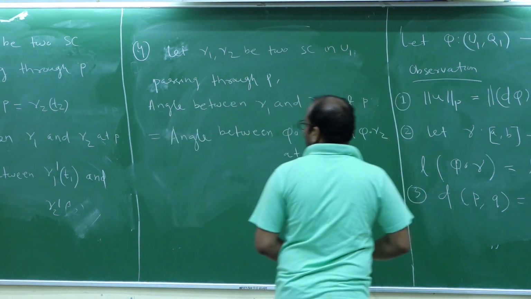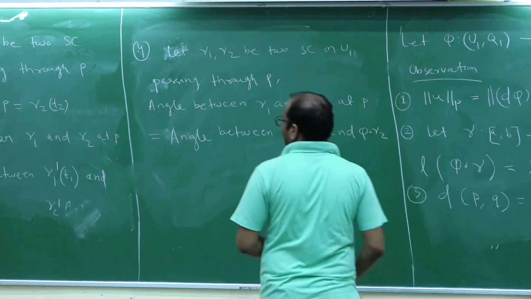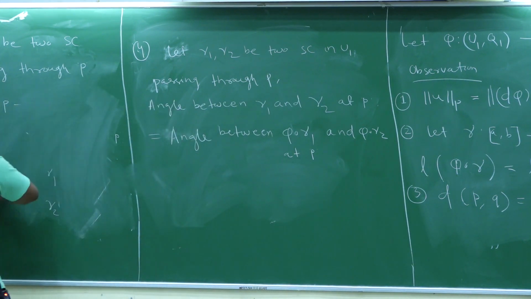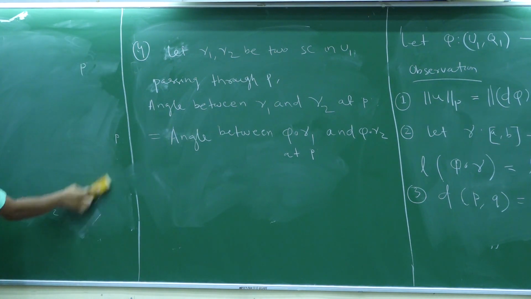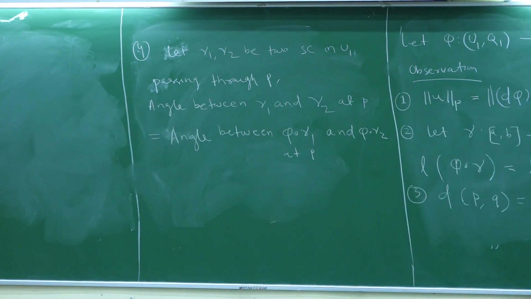So now we will discuss some examples. We will use this identification of C with R^2.